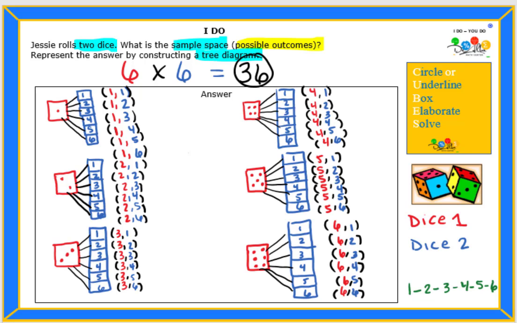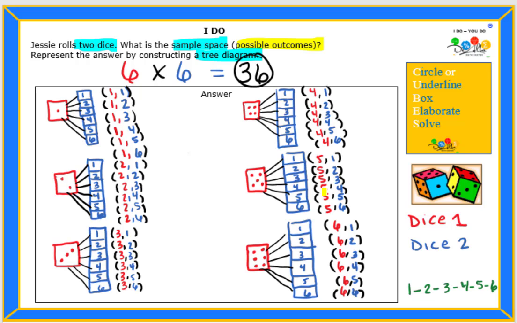Also, at this point, it would be important to have them in order because they could ask us for any outcome where both numbers were even. And if they did that, we would know that we would not be looking at anything in the first group or anything in the third group or in the fifth group because that already starts with an odd number.